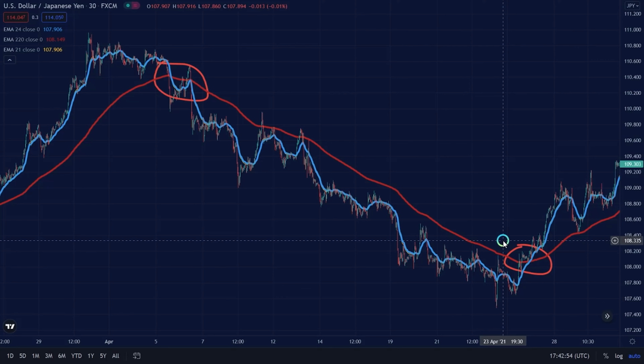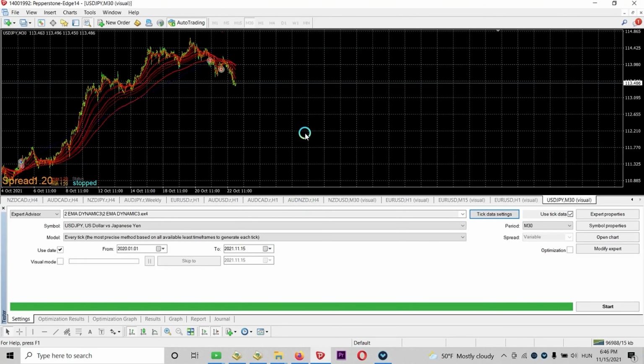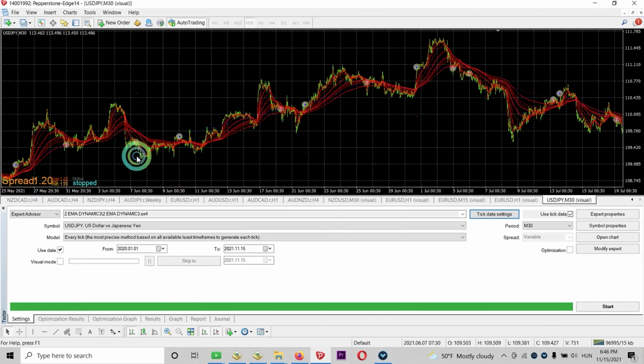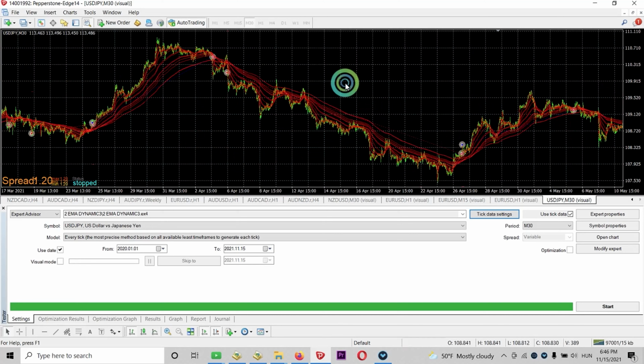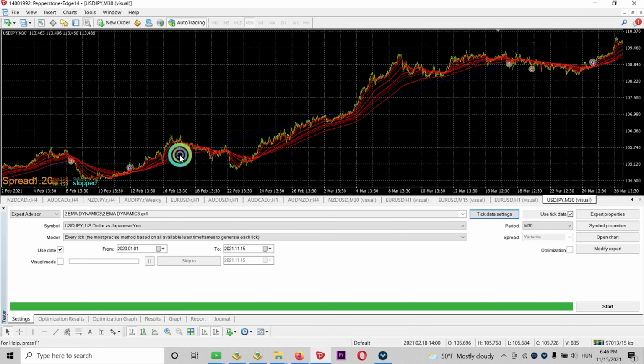Now I will show you the 99.9% tick data backtest, and I will explain it to you a little bit further. Here we are in MT4, and here are all the trades that the algorithm did. Basically, it's a great trade too. There are some really nice trades.